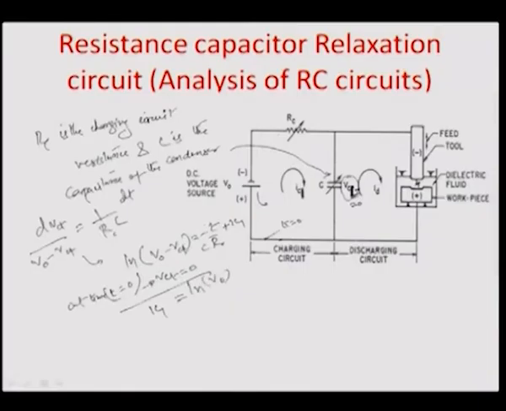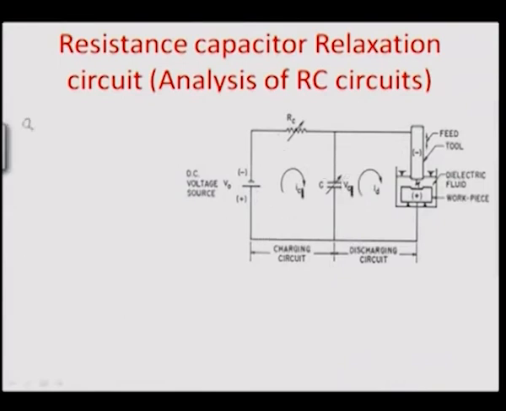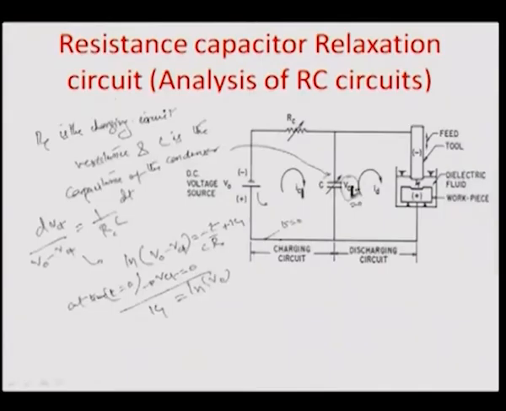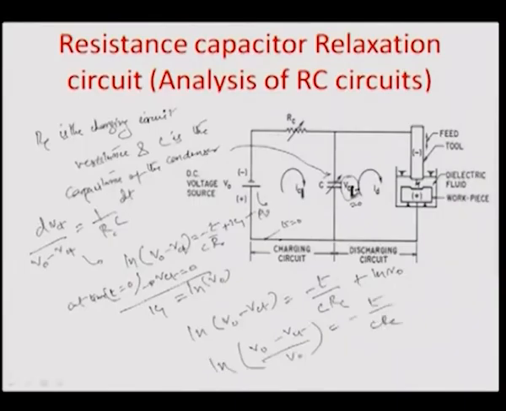So, if we substitute in the earlier equation, which was actually this right here, equation A, we would get ln(V0 minus Vc(t)) equals minus t by RC plus the k1 value, which is ln V0, or we can say ln of (V0 minus Vc(t)) by V0 is minus t by RC.